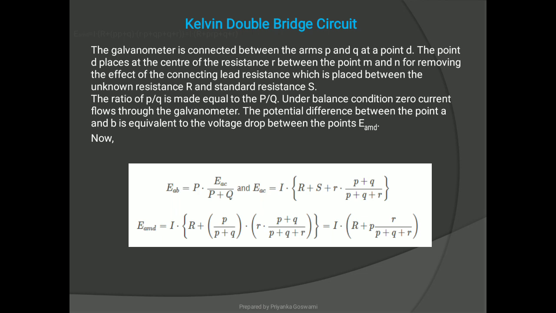Now, EAMD equals I into capital R plus small p by small p plus small q into small r into p plus q by p plus q plus r, which equals I into capital R plus small p into R by small p plus small q plus small r.